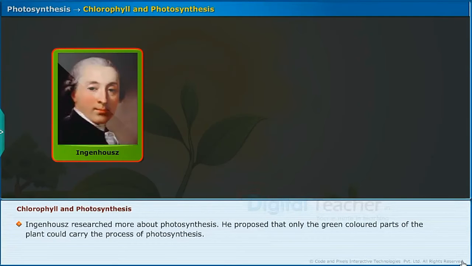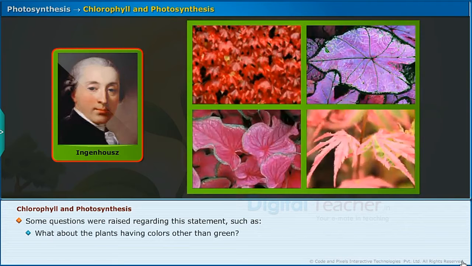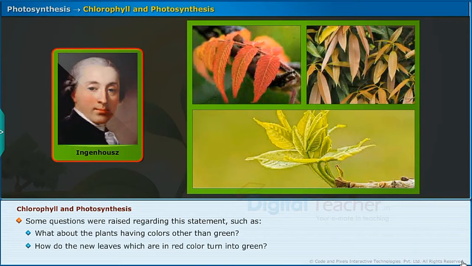Ingenhousz researched more about photosynthesis. He proposed that only the green-colored parts of the plant could carry out the process of photosynthesis. Some questions were raised regarding this statement, such as, what about the plants having colors other than green? How do the new leaves which are red in color turn into green?